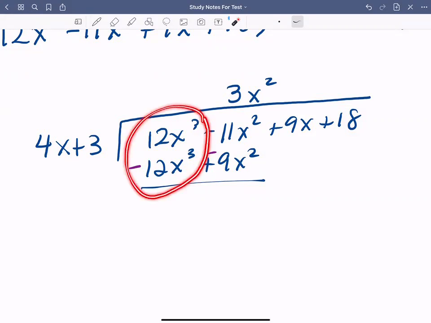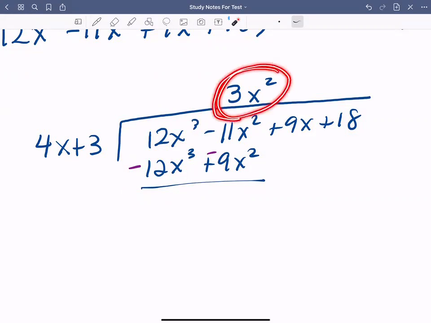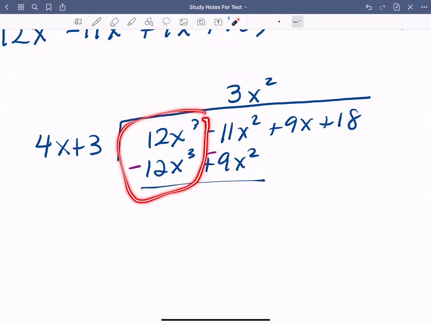If this was not 0, then one of two things happened. We multiplied incorrectly, or we chose a wrong value to multiply our divisor by. But because this becomes 0 and we add down, then we are good to go. Next, the negative 11x squared minus a 9x squared gives a negative 20x squared.